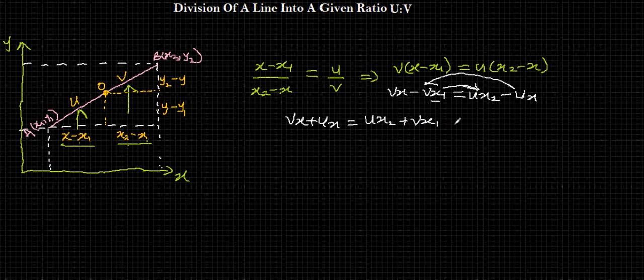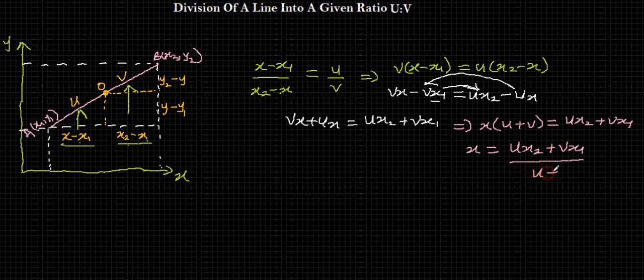We're going to have x outside, and u plus v equal to ux2 plus vx1, and that means x is equal to ux2 plus vx1 all divided by u plus v, and this is the formula with respect to x.